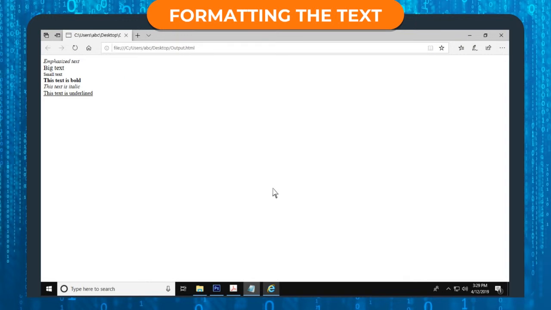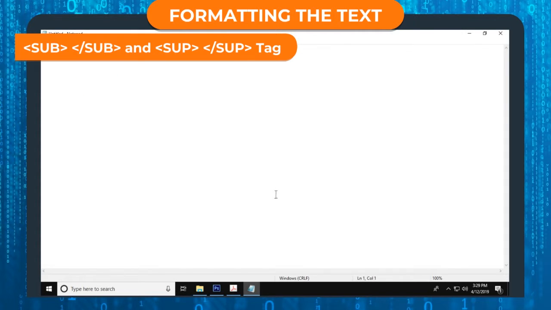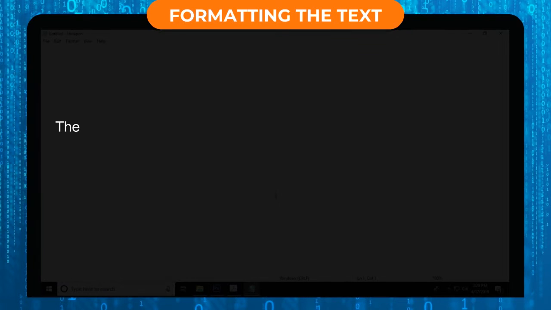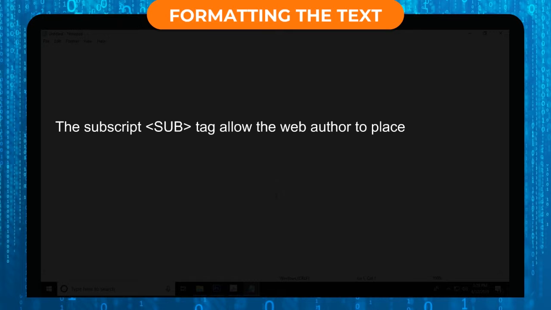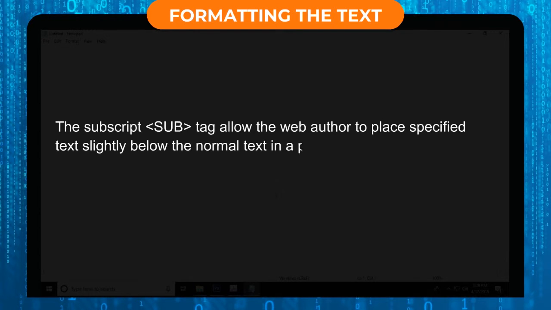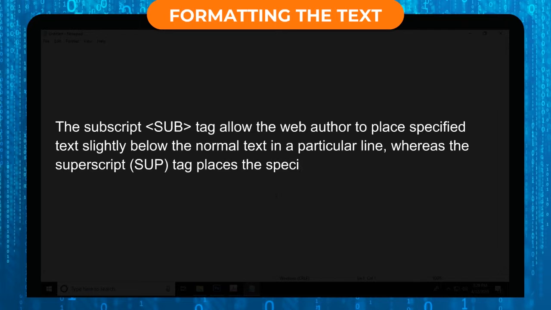Code, output. On tag sub, off tag sub, and on tag sup, off tag sup. The subscript sub tag allows the web author to place specified text slightly below the normal text in a particular line, whereas the superscript sup tag places the specified text slightly above the normal text.